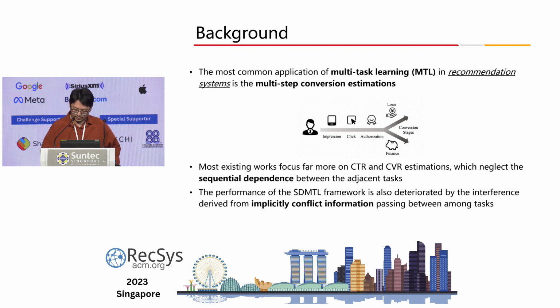The multi-step estimation problem is a typical multitask learning with sequential dependence. Here, we call it SDMTL. As shown in this figure, a conversion example in financial service strictly follows this sequential dependence pattern.